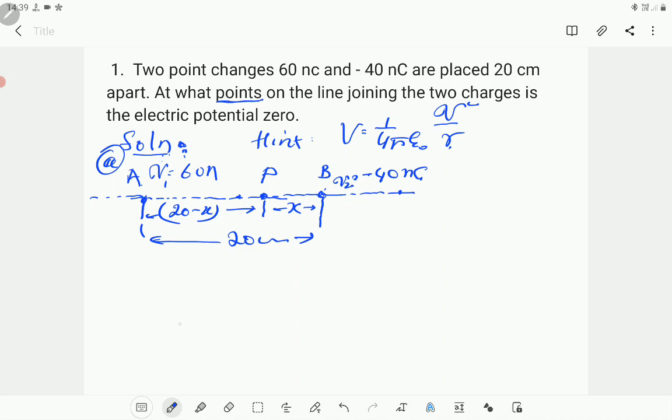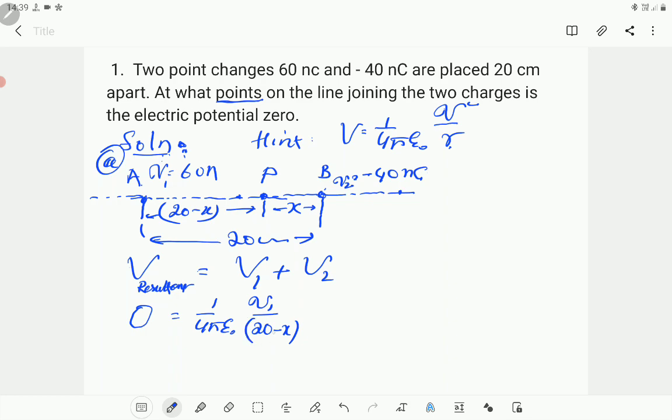We will see it. Now potential is a scalar quantity. That's why resultant potential must be the sum of the potentials of the two charges, charge Q1 and charge Q2. He says the total value is 0. What is the potential of the first charge? 1 over 4 pi epsilon 0, charge Q1 divided by distance 20 minus x, not squared.